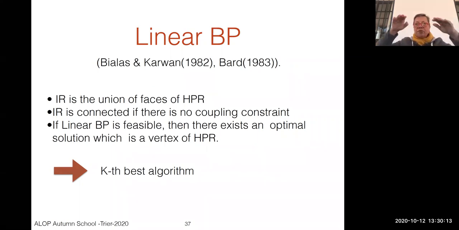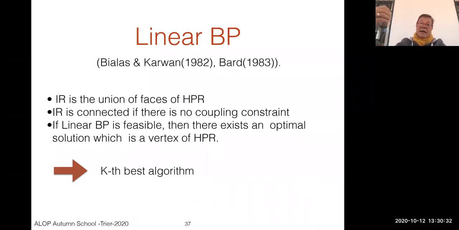So you see, you go from vertex to adjacent vertices and so on, and you can use some lower and upper bounds that you can develop. Because the high point relaxation, the first solution that you obtain, gives you a lower bound.